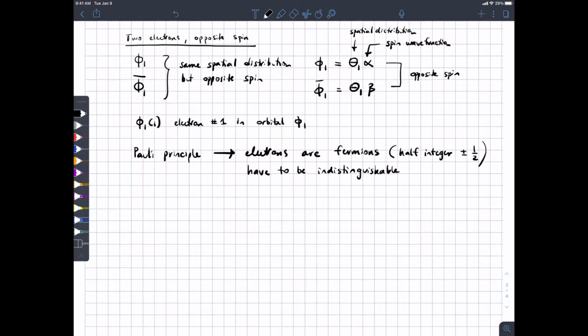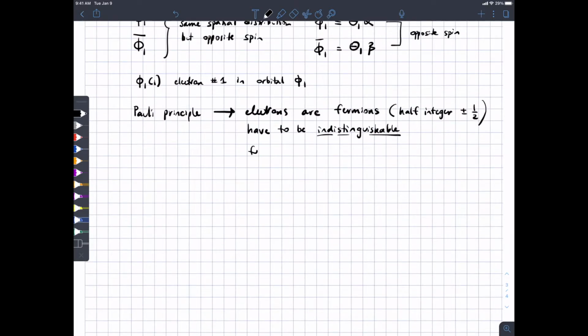And because each electron has to be indistinguishable, we're going to formulate the wave function of the molecule. And this is the jump, and it's kind of difficult. Formulate the wave function of the molecule, and by wave function of the molecule, I mean the combination of all of the wave functions, all of the orbitals.